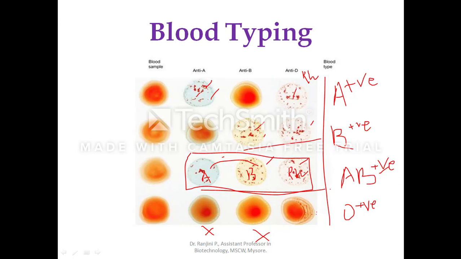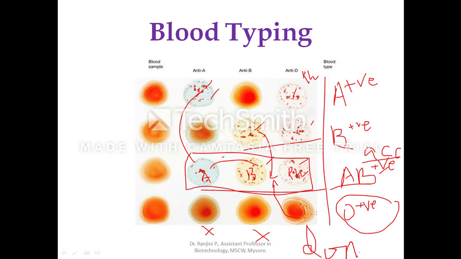So AB positive is universal acceptor, where it can accept the blood from A and from B and also from O positive. And O positive is considered as universal donor.